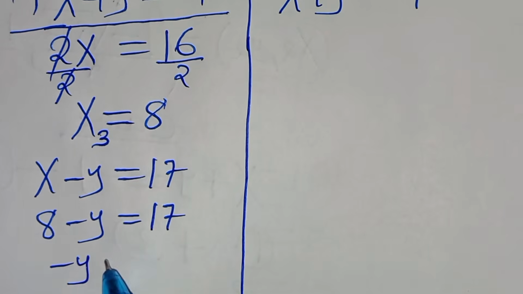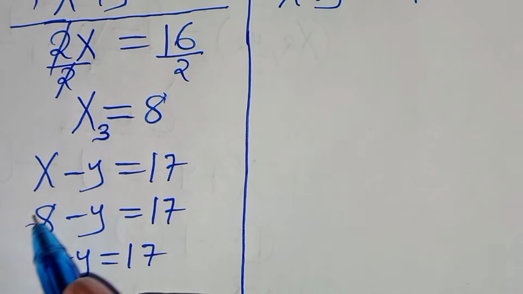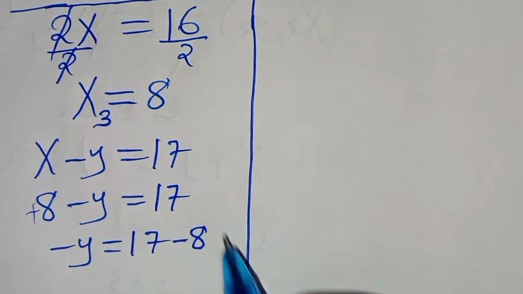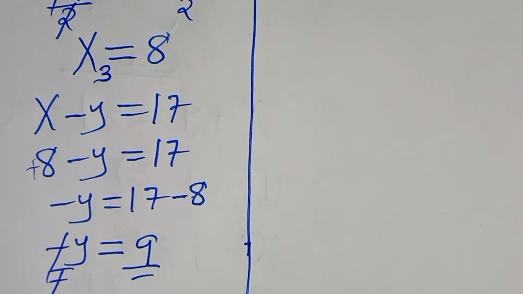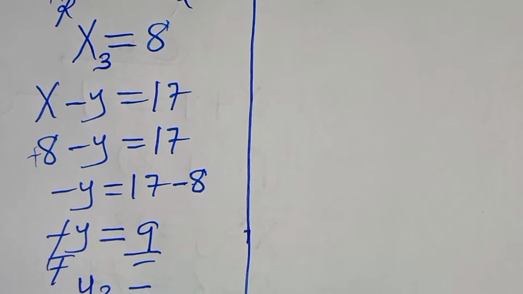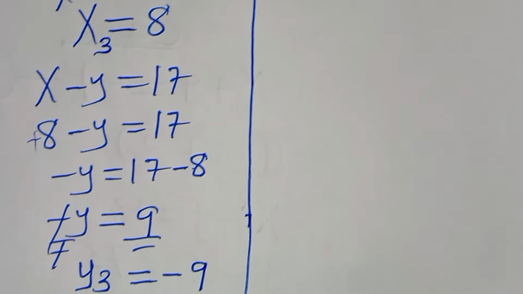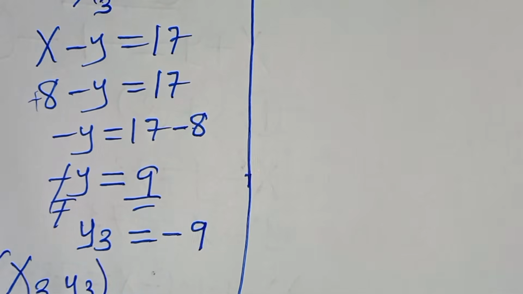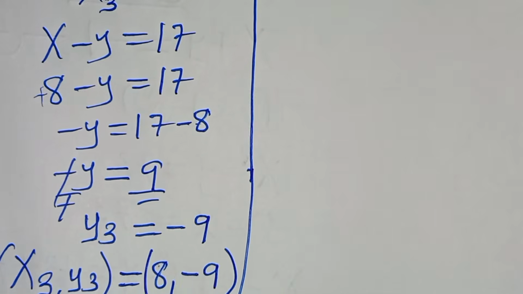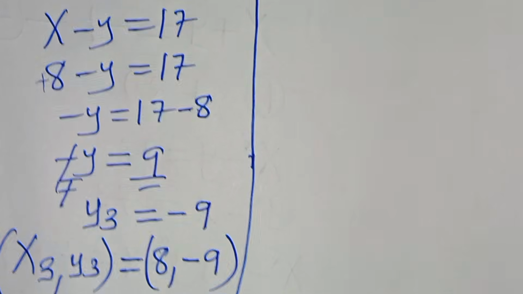So we have minus y is equal to 17 minus 8, which is 9. Let's divide both sides by minus 1, and this means that y3 is equal to minus 9. So we have the third set of solution here, x3, y3 is equal to 8, minus 9.